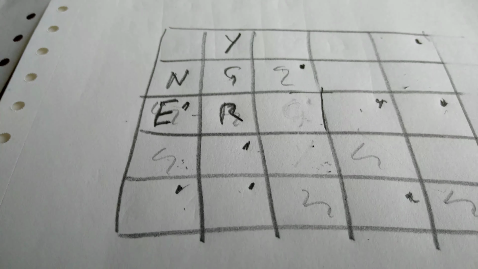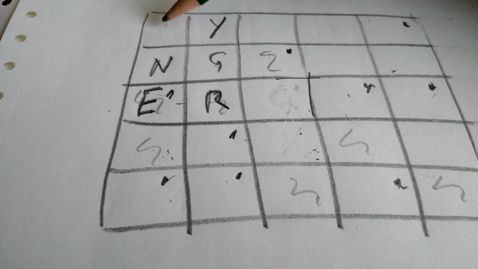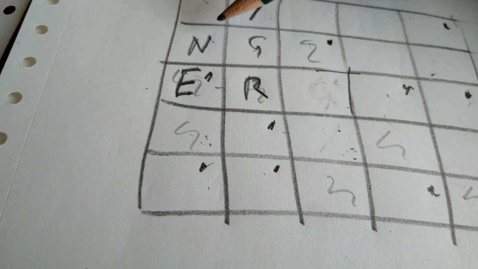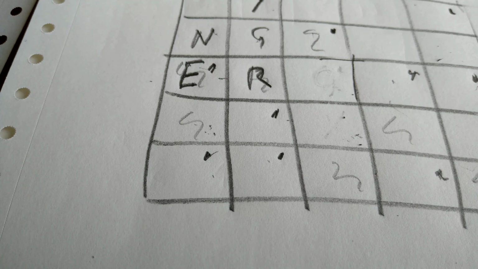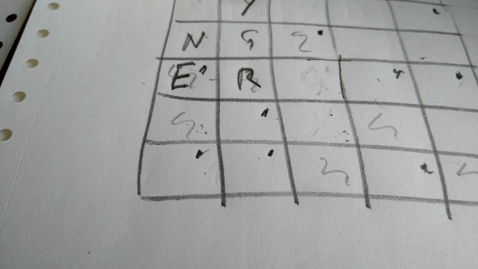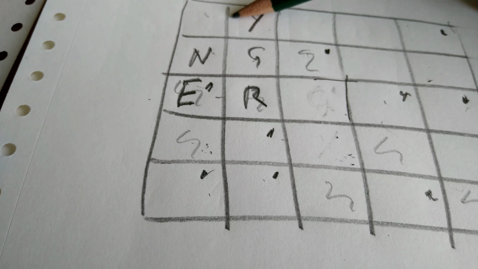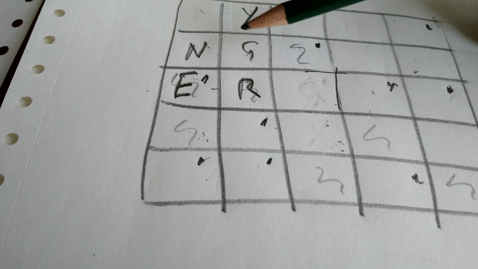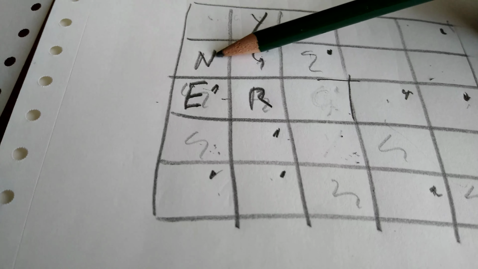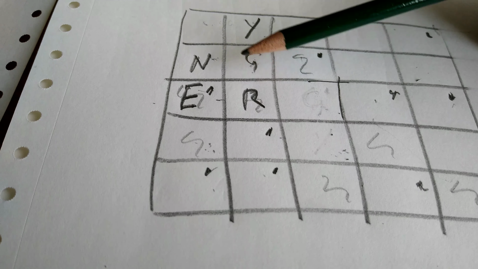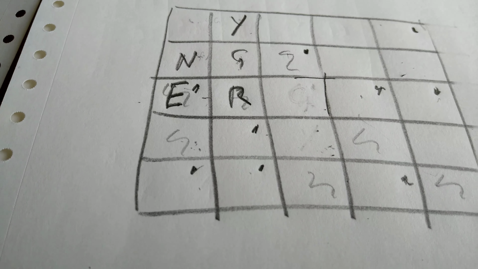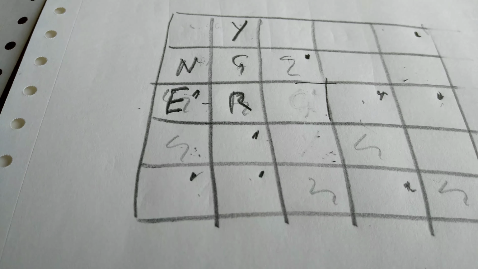Now that all looks fine, except we've got this consonant cell in the top left, which is surrounded by a Y and an EN. And if we look down the words, basically no other word has got a Y in, so nothing can get to that cell by crossing the Y. And to get to it from this direction, we'd have to have a word with a GN, which we haven't got any words that have got GN in that order in it, or EN, which again, there aren't any words.